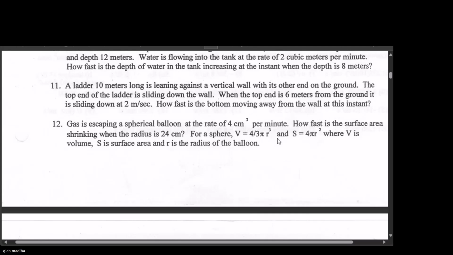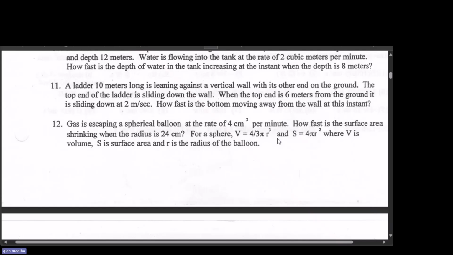Now, what are they looking for? They are saying how fast is the surface area shrinking. So they are looking for the rate at which the surface area changes, so time is involved. Once they start to say rate, then time is involved. How fast is the surface area shrinking when the radius is 24 centimeters?